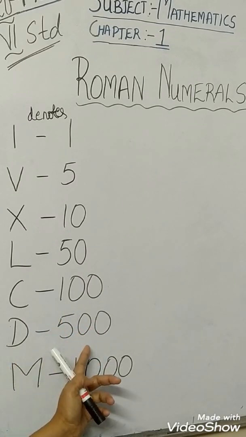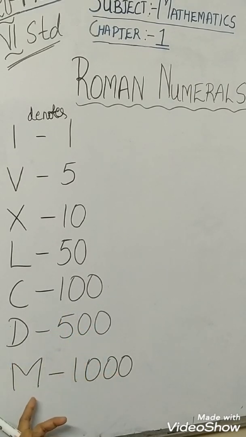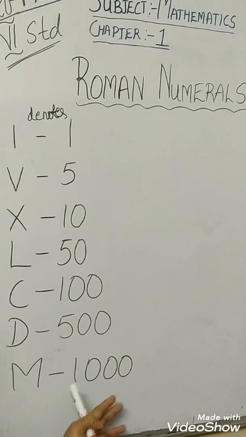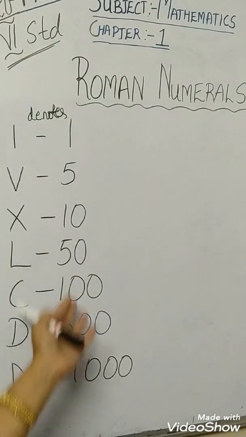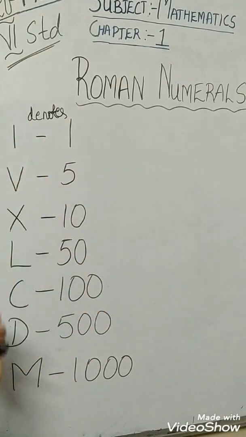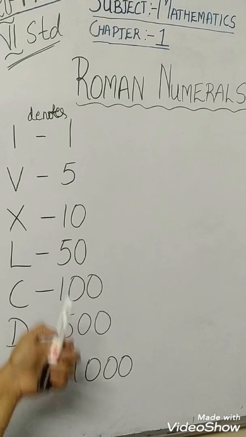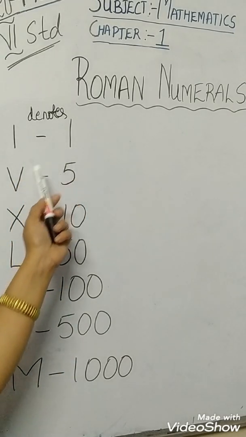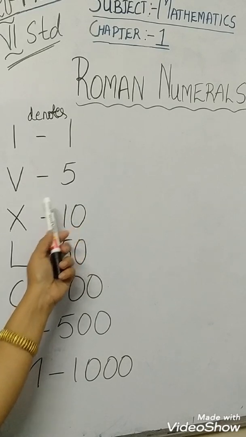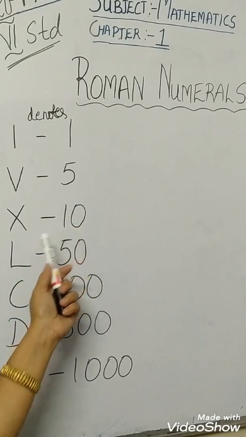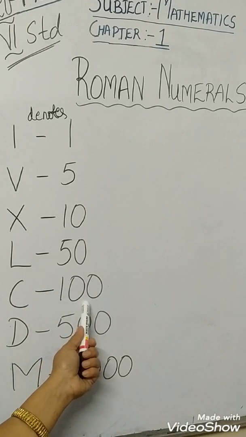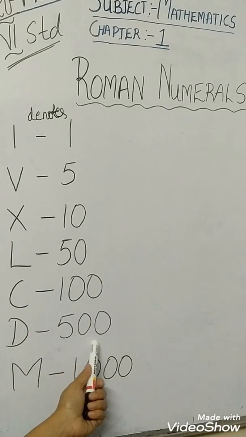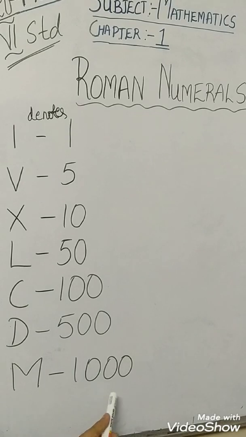D denotes 500. And M denotes 1000. So, if you have to know about Roman numerals, mainly you have to know these 7 symbols. I'll repeat again. I denotes 1, V denotes 5, X denotes 10, L denotes 50, C denotes 100, D denotes 500 and M denotes 1000.